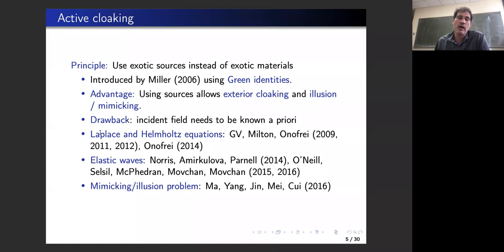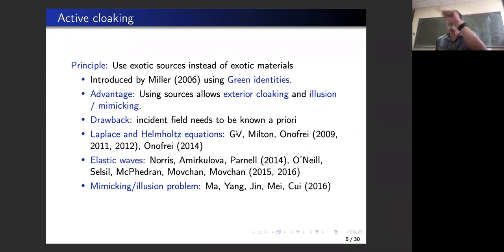So we worked in the past with the Laplace and Helmholtz equations with Graham Milton and Daniel Onofrei. And our objective there was to use this idea by Miller, but make it into active exterior cloaking, meaning that if you just use Green's identities, which is what I'll be doing for the heat equation here, you enclose the cloak region completely by sources.